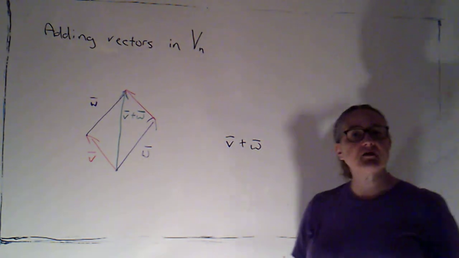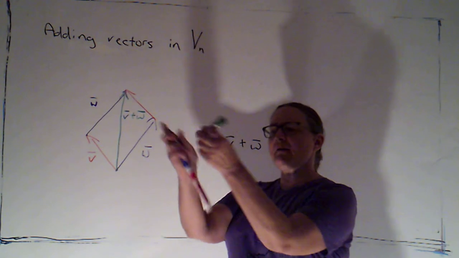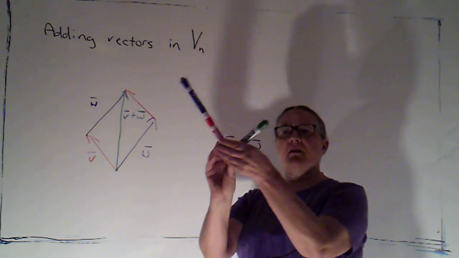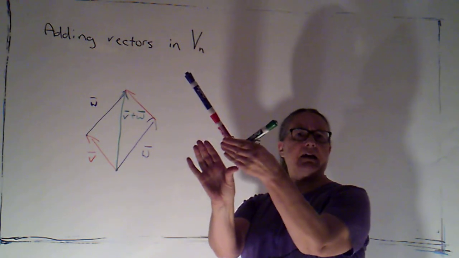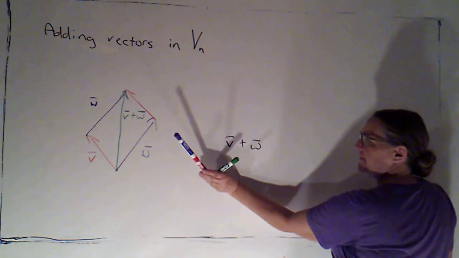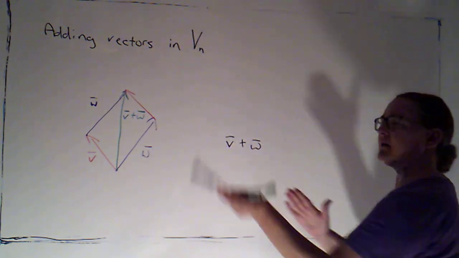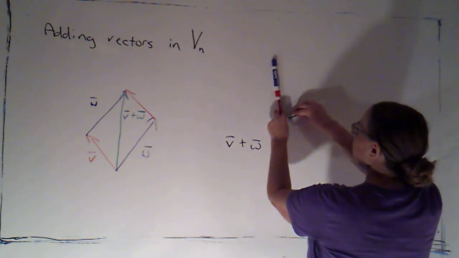And I can actually illustrate that fairly nicely. Notice, if I've got v and w here, and I put them with their tails together, right now they don't really fit on the whiteboard because of the way they're pointing. But if I just rotate things a little bit, I can fit them there.